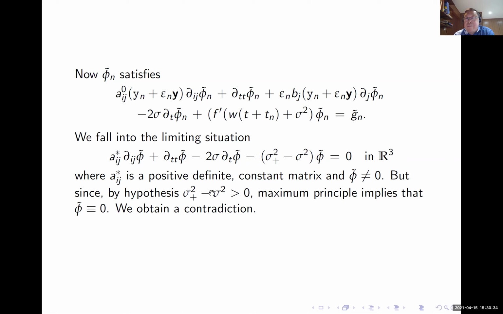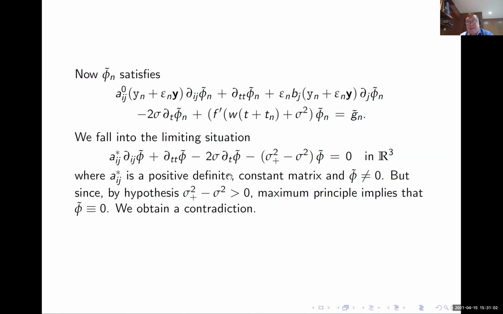This is a linear problem with some convection term, and the phi tilde has exponential growth, but you can still use the maximum principle to exclude this case. So in this case, you don't need the orthogonality condition. You just use the maximum principle and this will get this equal 0.